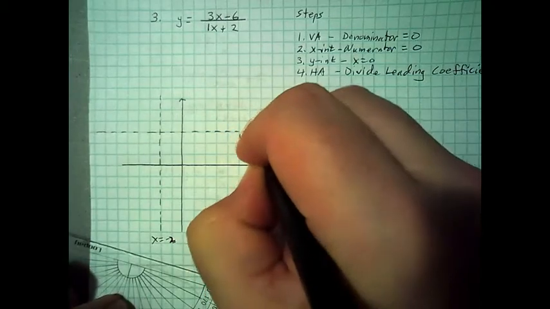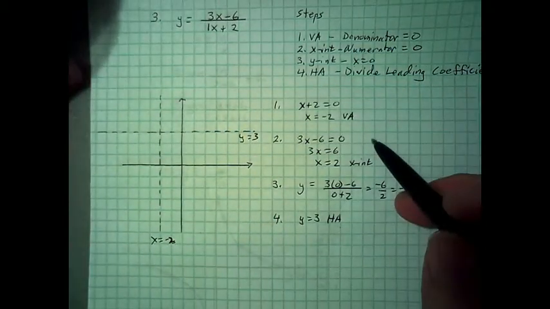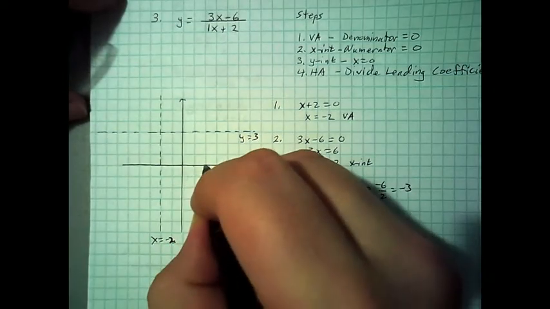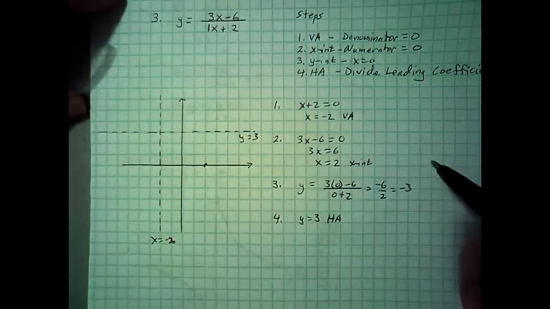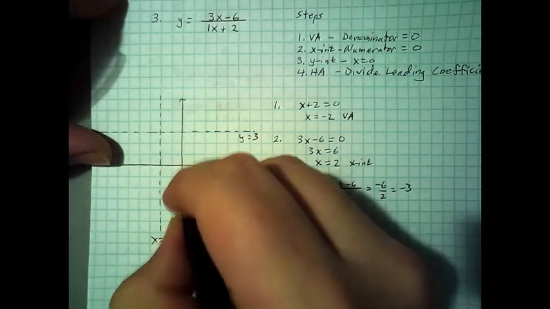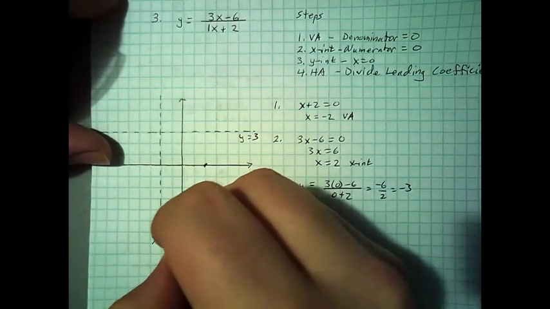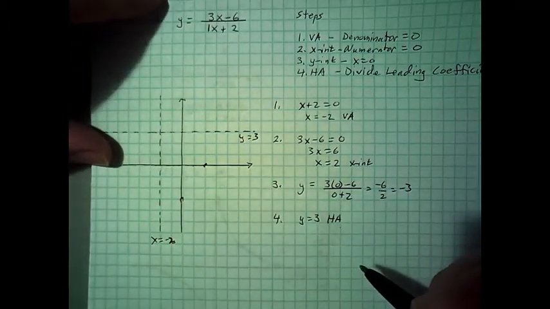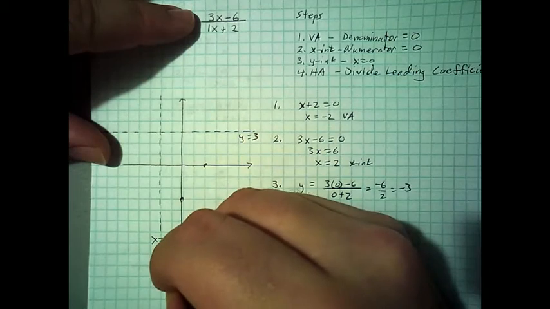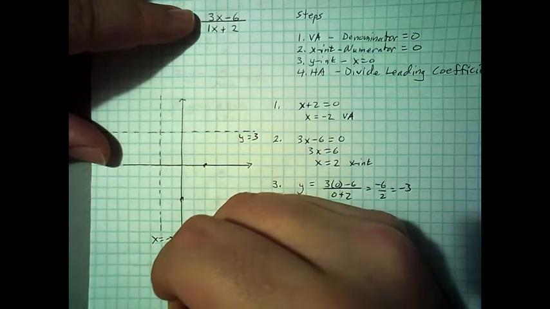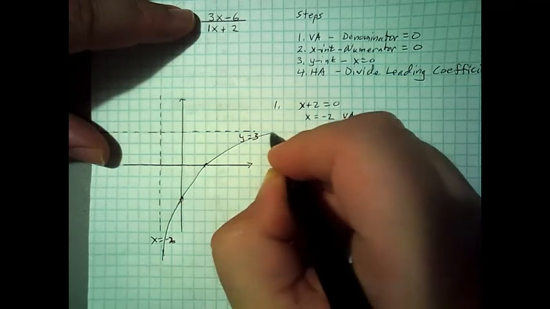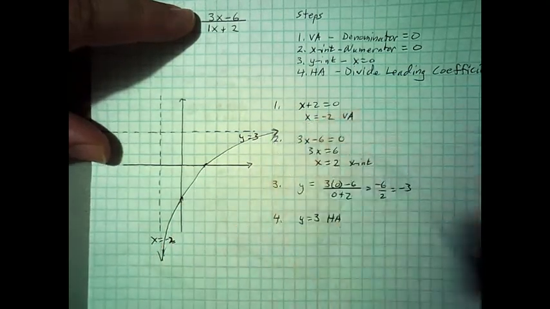Y equals 3. Our x-intercept is at x equals 2. And our y-intercept is at negative 3. So that's right here. I'll come up here from my asymptote then, through my y-intercept, through my x-intercept, and to the next asymptote.